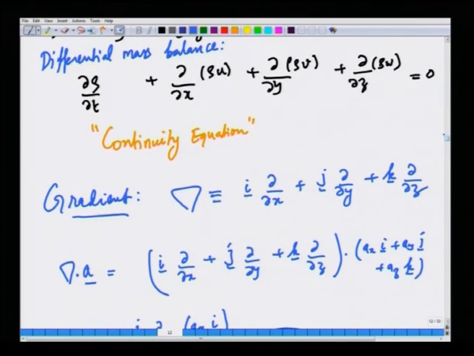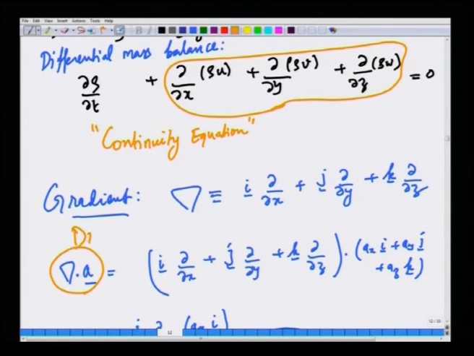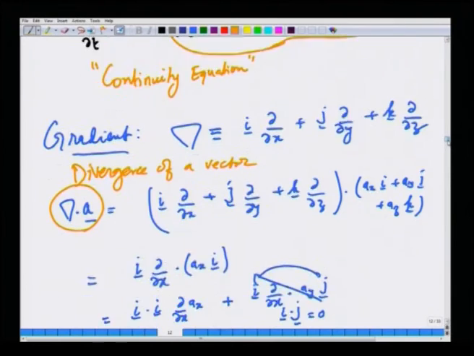Now, if you look at this expression, it appears like the divergence. This is called the divergence of a vector, any vector. Here you have 3 components, rho u, rho v and rho w, and then you have d dx of rho u plus d dy of rho v plus d dz of rho w.